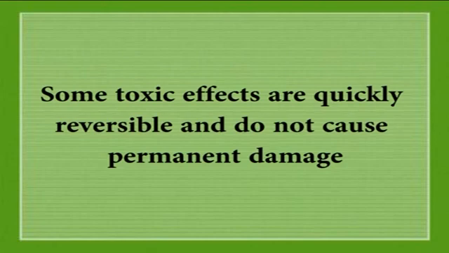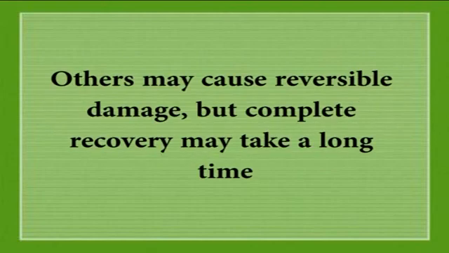Some toxic effects are quickly reversible and do not cause permanent damage. Others may cause reversible damage, but complete recovery may take a long time. Still other poisons may cause irreversible damage, even if the exposure is not fatal.